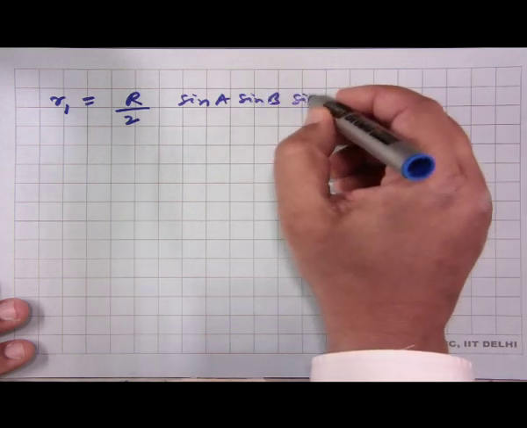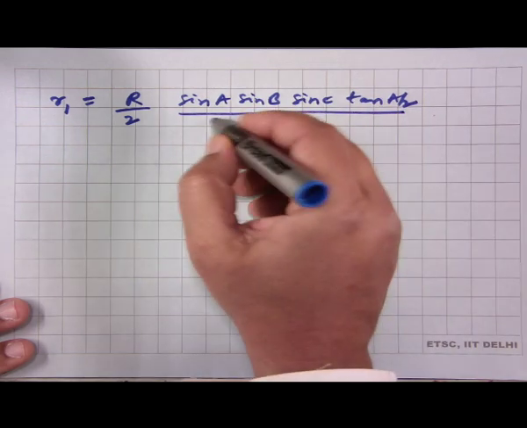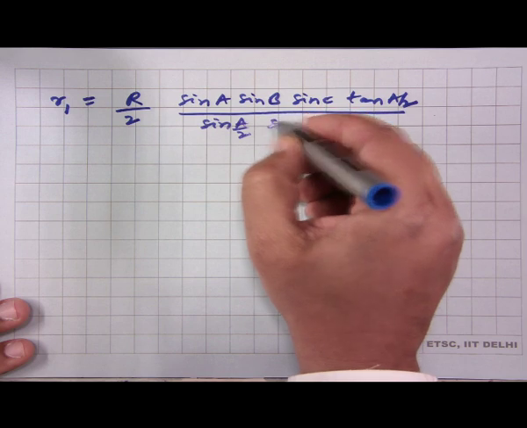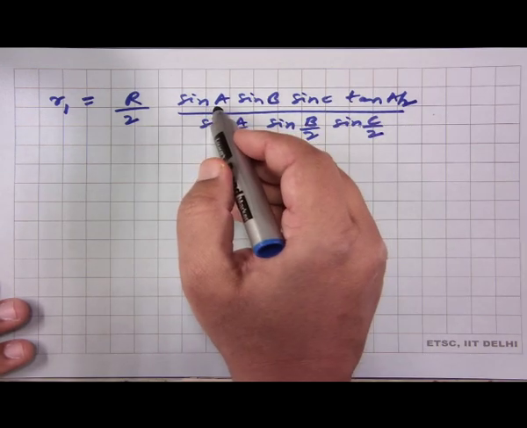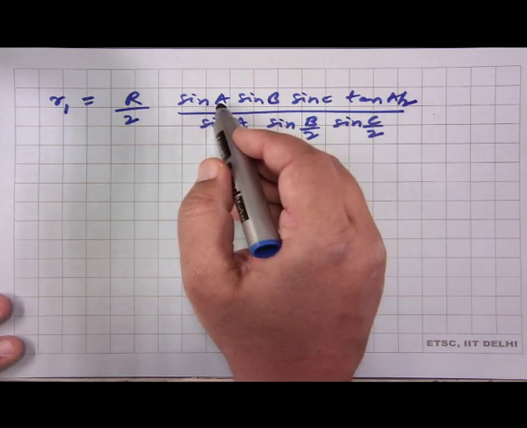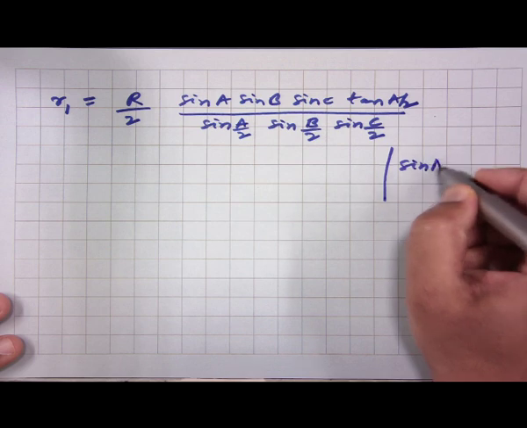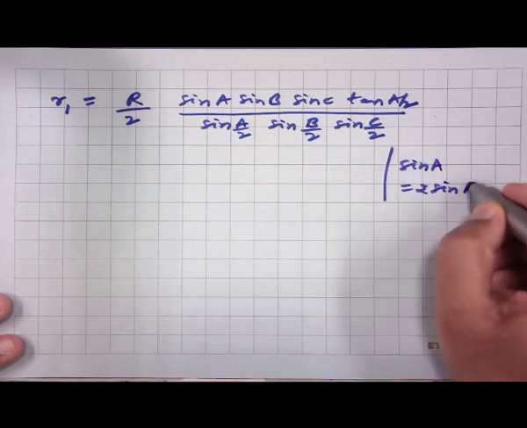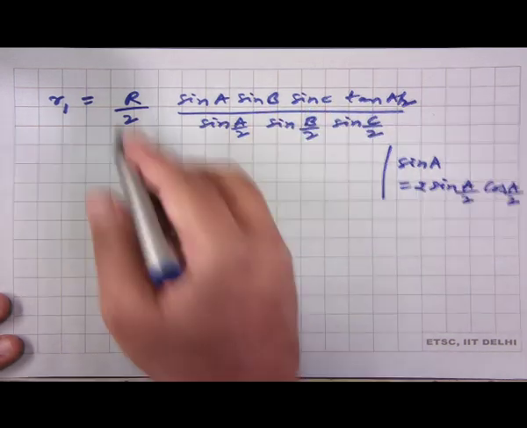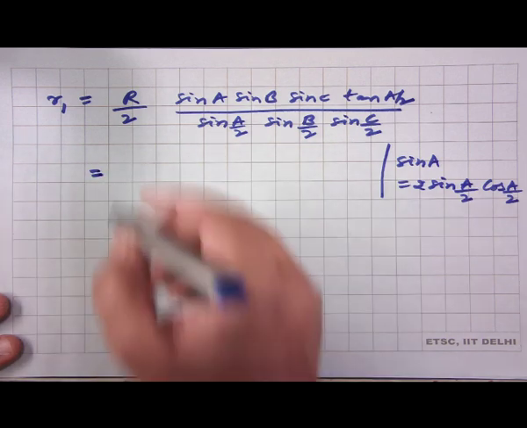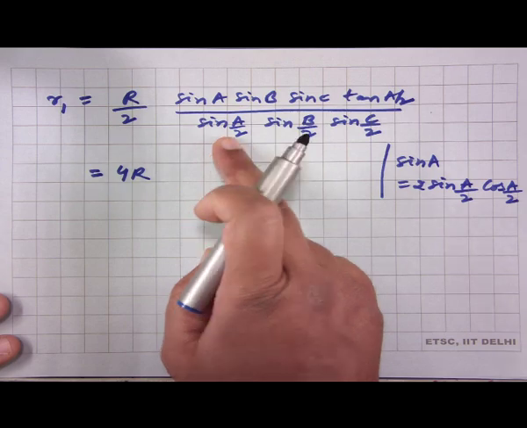So, rewriting the expressions from the previous slide. And then of course, we use the formula that sine A is nothing but 2 times sine A by 2 times cos A by 2. So, we will use this fact, sine A equals that, and similarly for sine B and sine C. So, what we will ultimately end up getting is R1 equal to 4R times.